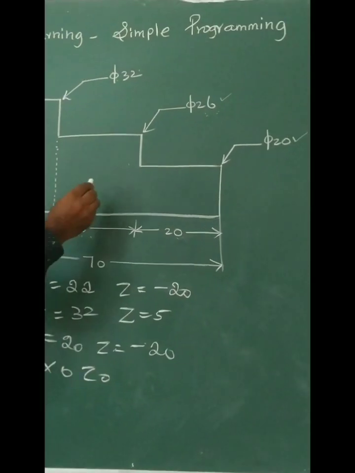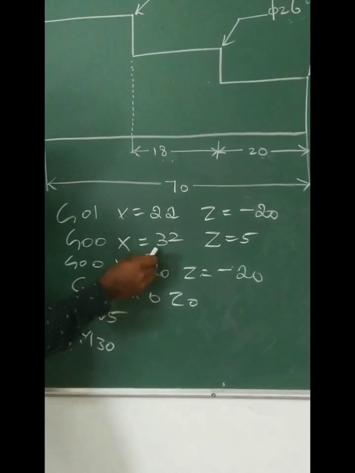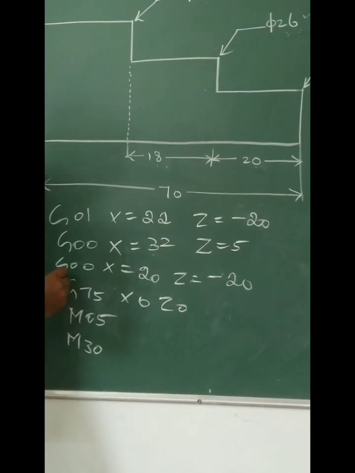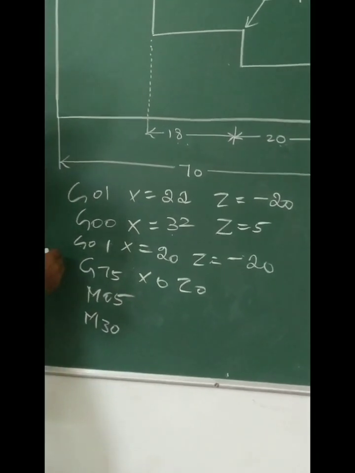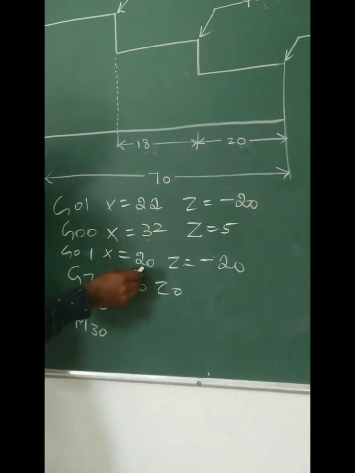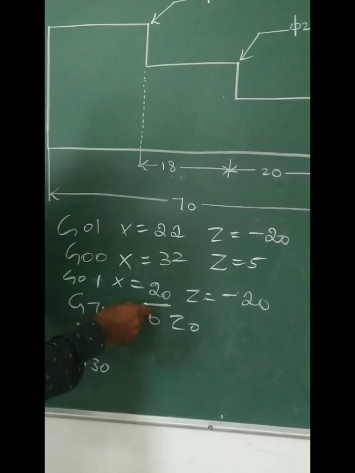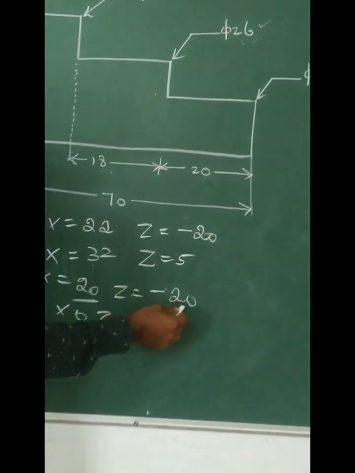Then again the cutting tool must be sent to the reference point: G00, X equal to 32, Z equal to 5. Then G01, linear movement, X equal to 20, Z equal to minus 20. Now the diameter is reduced from 26 to 20. Z is the distance traveled, minus 20 mm.